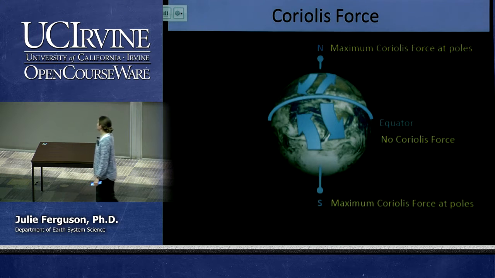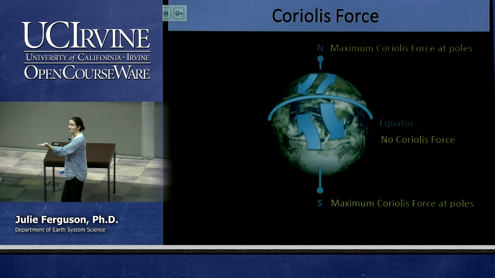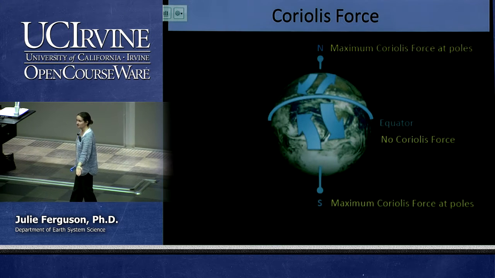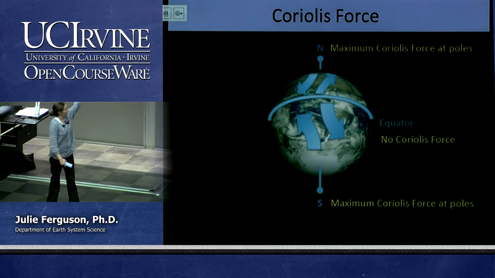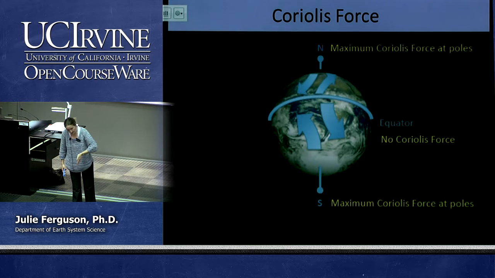If we look now at the southern hemisphere, if you go from the South Pole towards the equator, it's being deflected to the left. So in the southern hemisphere, everything is deflected to the left instead. Okay? And again, if we're going from the equator to the South Pole, if you look along the direction of the arrow, it's still going left.